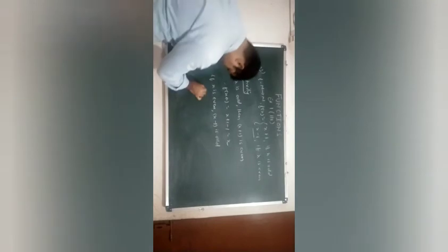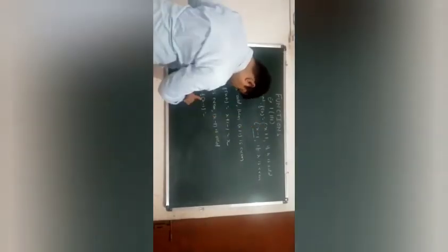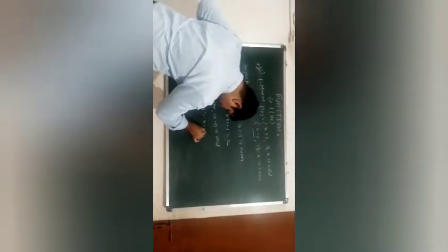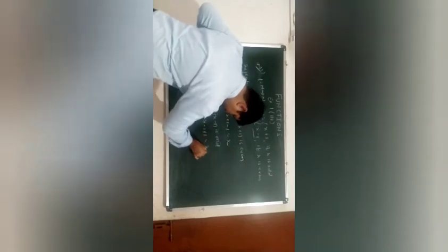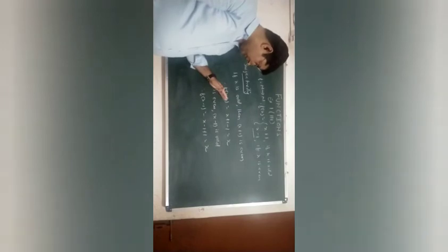Yes or no? Because from an even number, if you subtract 1, you will get an odd number, and therefore let us find out f of x minus 1. The formula for odd is x plus 1. So here for x you put x minus 1. So x minus 1 plus 1 is equal to x. Clear?